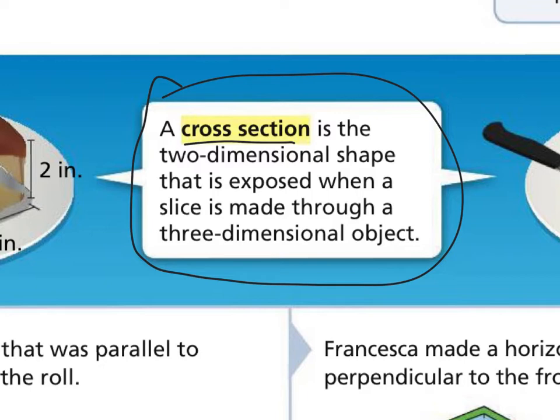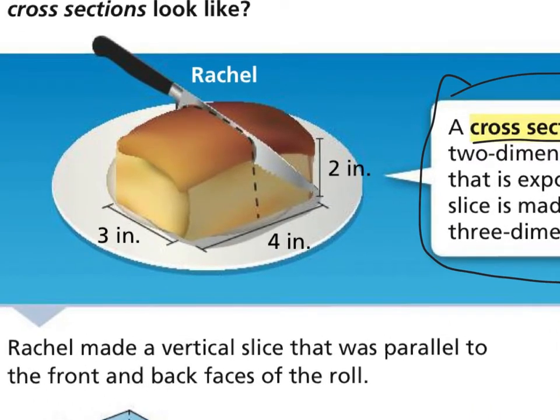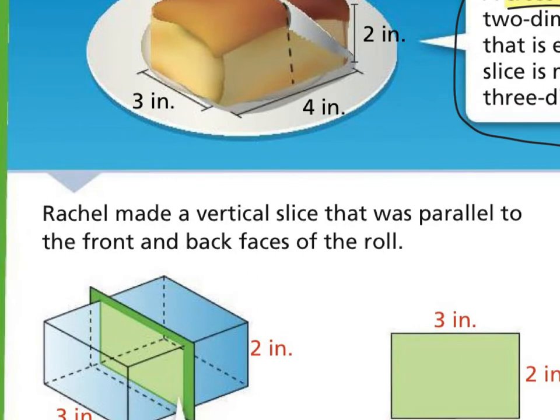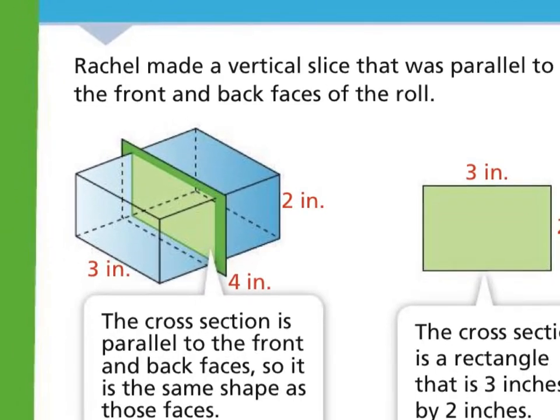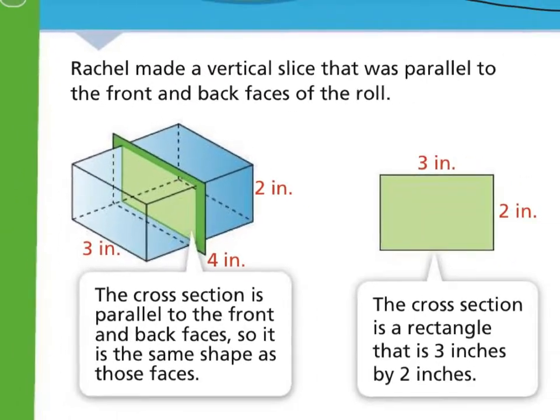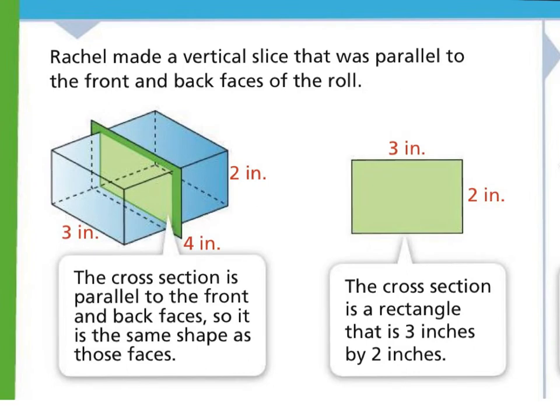So we can look at this. Rachel cut from top to bottom, and so that vertical slice, you can imagine, would be like this, and that would be a 3-inch by 2-inch rectangle.